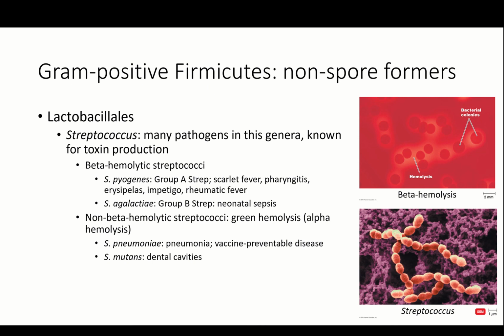Streptococcus pneumoniae causes pneumonia, ear infections, that sort of thing, and it is a vaccine preventable disease. The trade name for this is Prevnar, and they go after like the top 23 strains of Streptococcus pneumoniae that are common out there. But we've seen some evolution in the population around that vaccine, so that once you kill off those top 23, new strains take prominence.